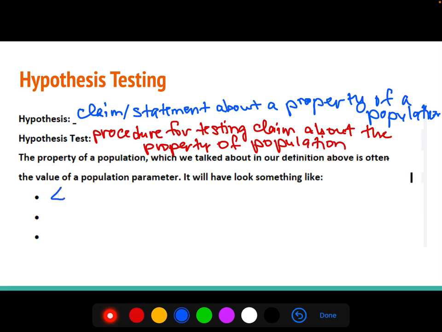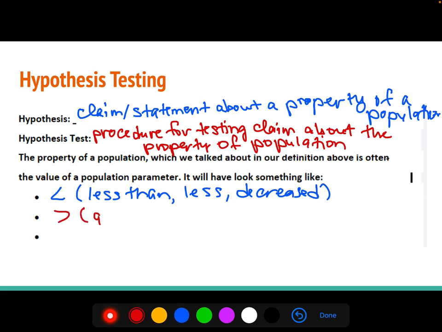So we will have some things like less than. You may use either the words less than in your word problem, it could be the word less, it could be decreased. Anything that means going down, less than. Same thing with greater than.